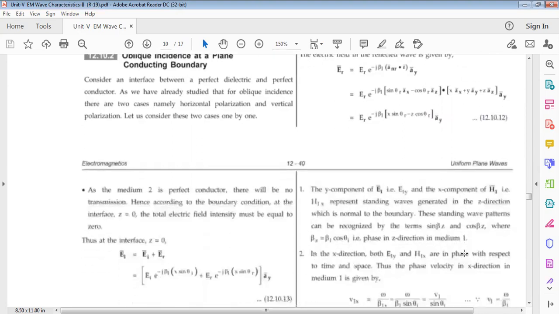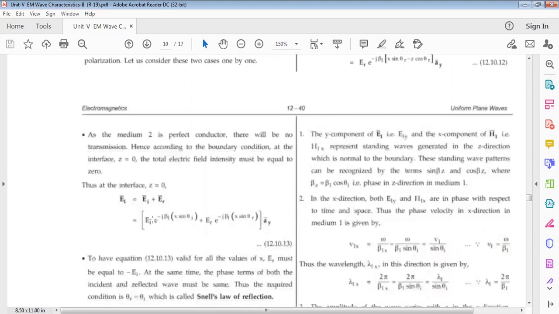H_I bar we got the function. Then as medium 2 is a perfect conductor, there will be no transmission because the conductivity is very high. Intrinsic impedance is equal to 0. If intrinsic impedance is 0, it means the transmission coefficient is 0.